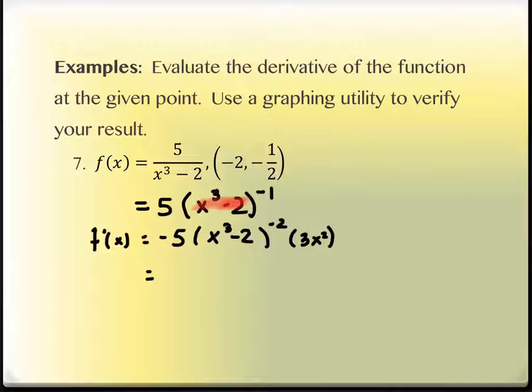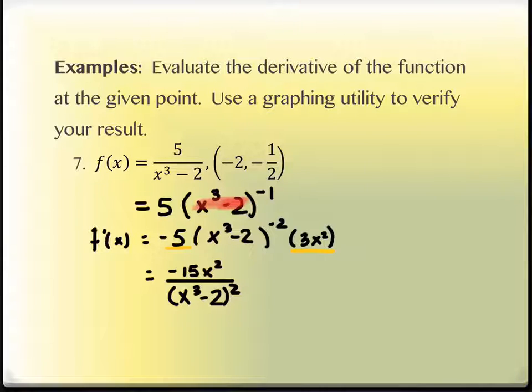All right, the 3x squared at the end and the negative 5 at the beginning, those two pieces, I can combine. They will both be in the numerator to be negative 15x squared on top. And then I'll move the x cubed minus 2 back to the denominator, but this time it will have an exponent of 2 instead of the original exponent of 1.